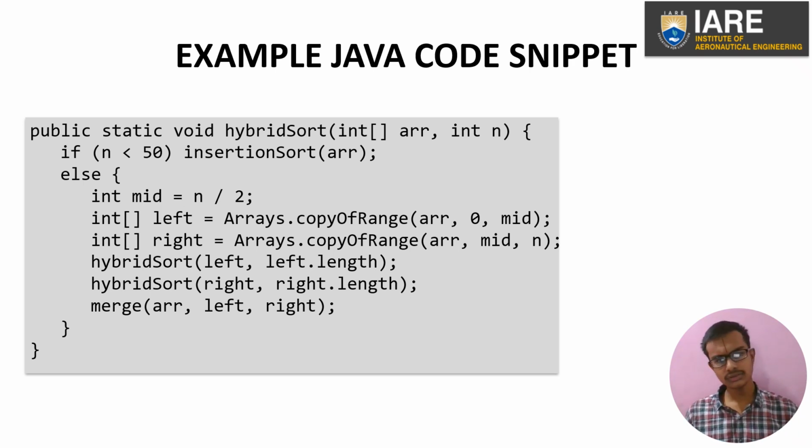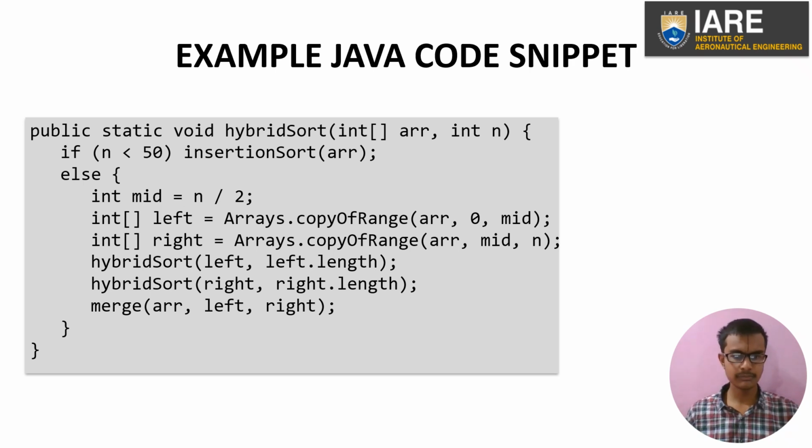Else, we are telling the system to consider int mid equal to n by 2, int array left is equal to Arrays.copyOfRange of the array, 0 to mid. The same thing we are doing for the right part, and after that the hybrid sorted version of the left array and the hybrid sorted version of the right array we are entering there.